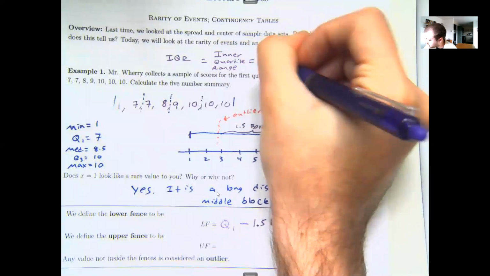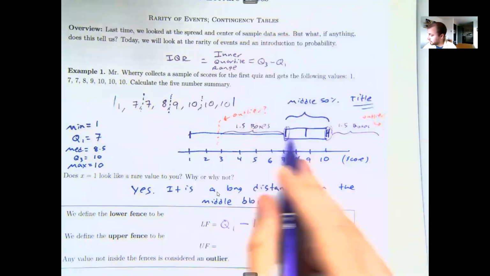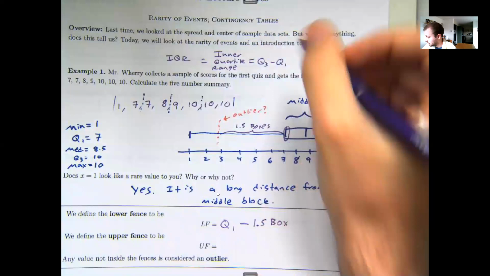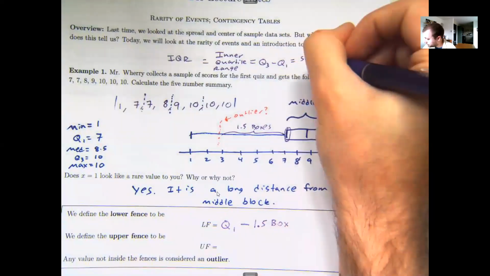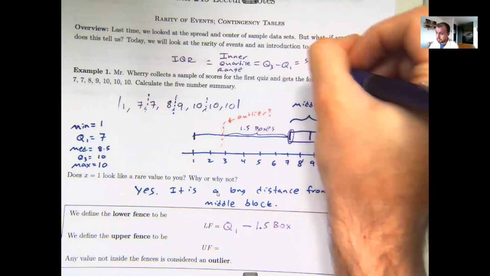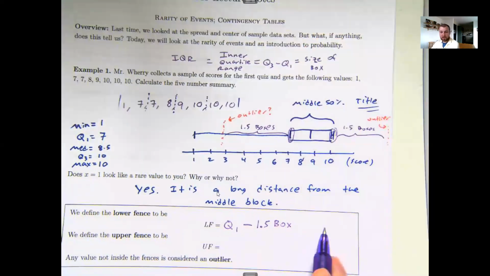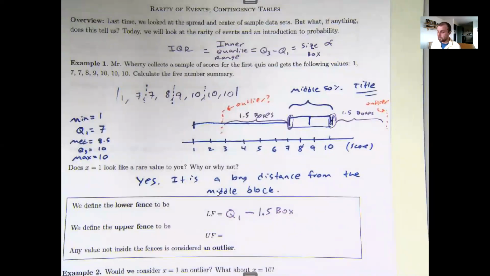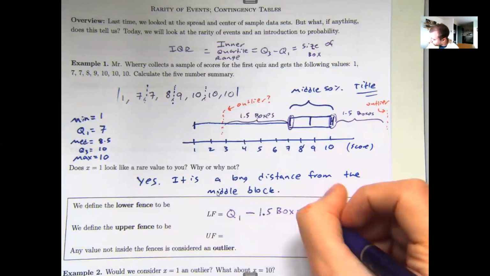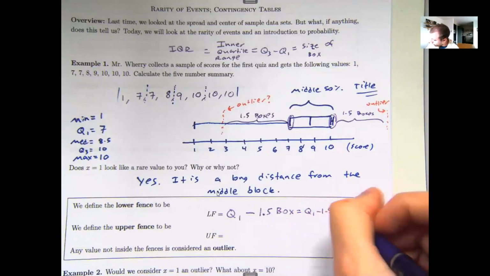This is Q3 minus Q1. It's the range, or it's the size of the box. So if you said Q1 minus 1.5 boxes for the lower fence, some people might be confused what you meant by that word box, because the technical term for it is IQR.